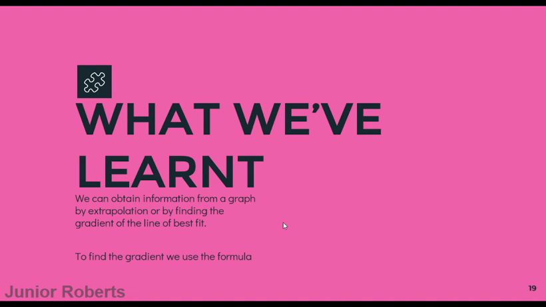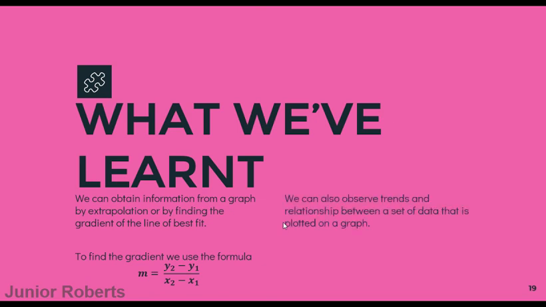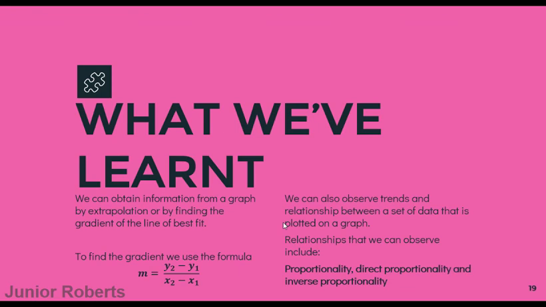And to find the gradient, we will use a formula which says that m, which is our gradient, is equal to y2 minus y1 divided by x2 minus x1, right? And we can also observe trends and relationships between a set of data that is plotted on a graph. And the relationships that we can observe include proportionality, direct proportionality, and inverse proportionality.